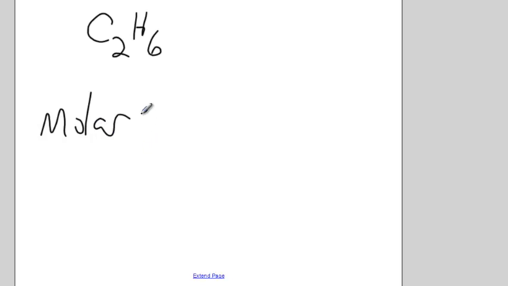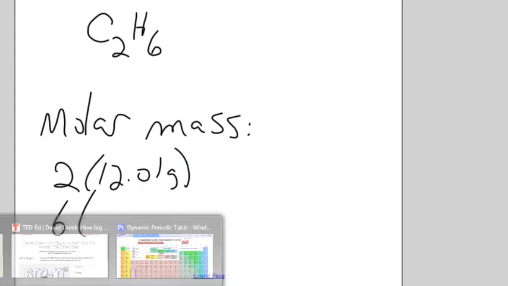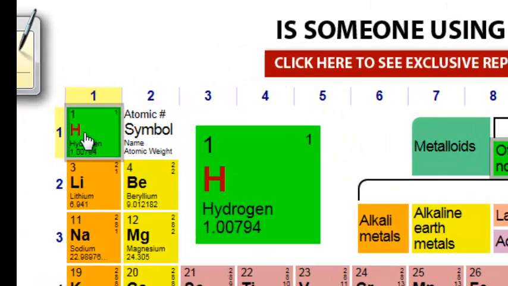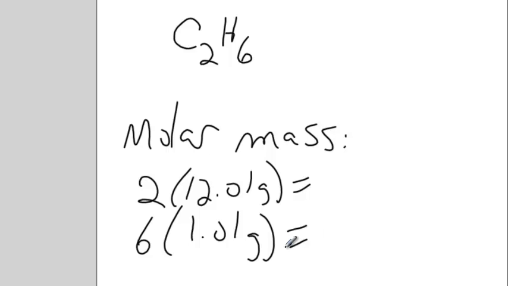It could also be called the molecular weight. Okay. So the molar mass of C2H6 is the molar mass of 2 carbons. Carbon, if you look on the periodic table, is 12.01. And hydrogen is 1.01. You'll pretty much know these by heart pretty soon.